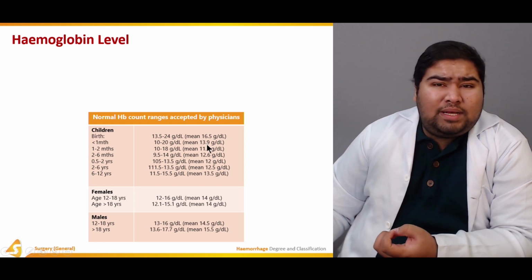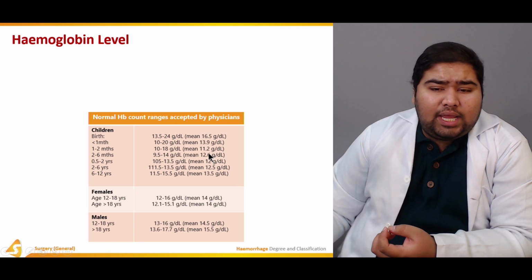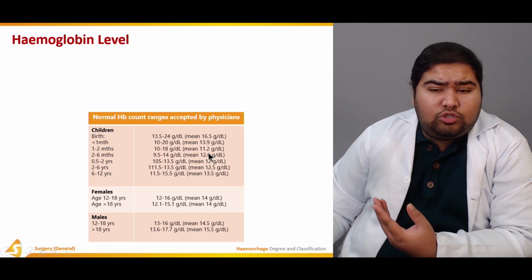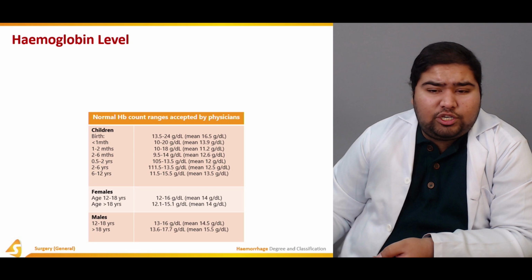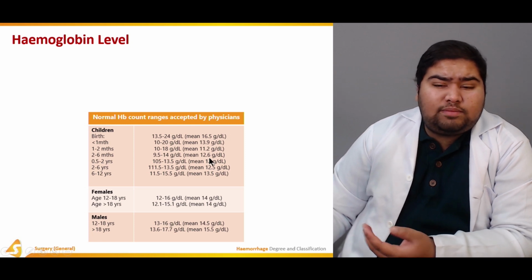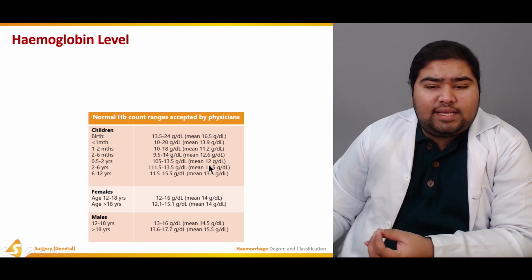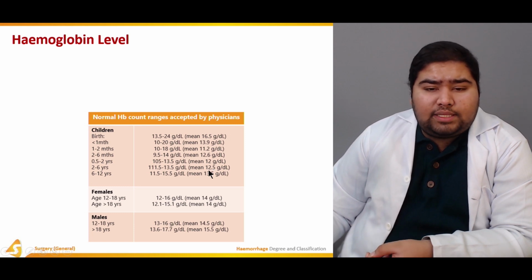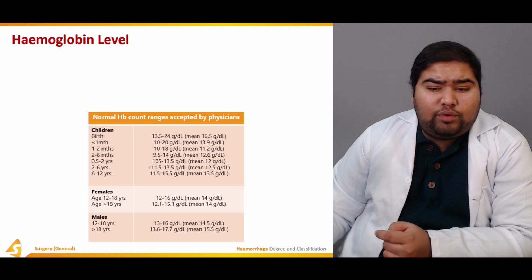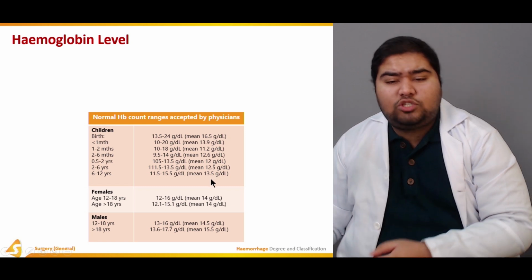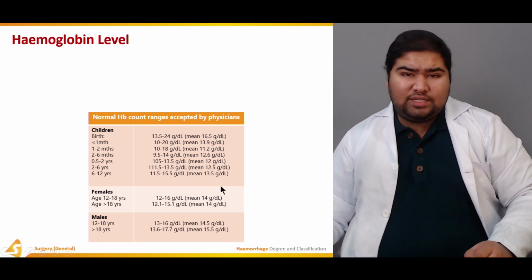So at 1 month, it is 13.9. Then at 1 to 2 months, it's 11.2. At 2 to 6 months, it's 12.6. Up to 2 years, it's 12. From 2 to 6, it's 12.5, and from 6 to 12, it's 13.5.